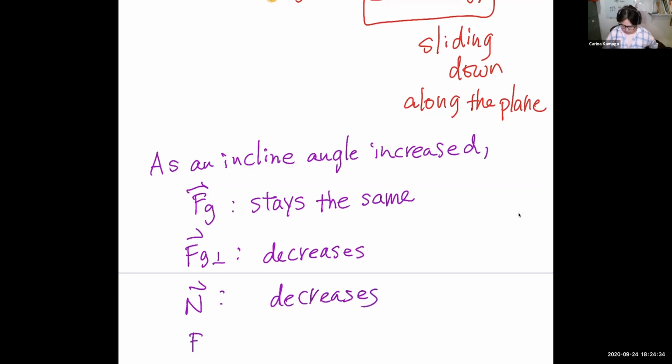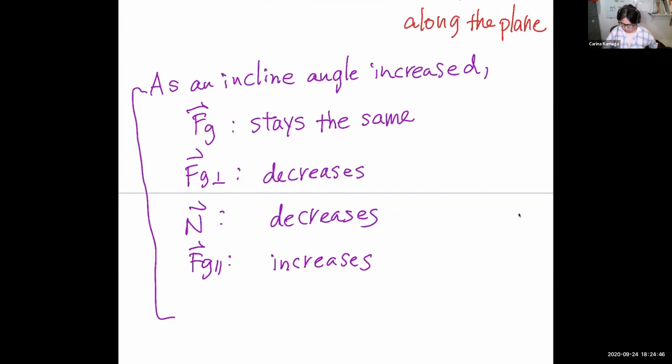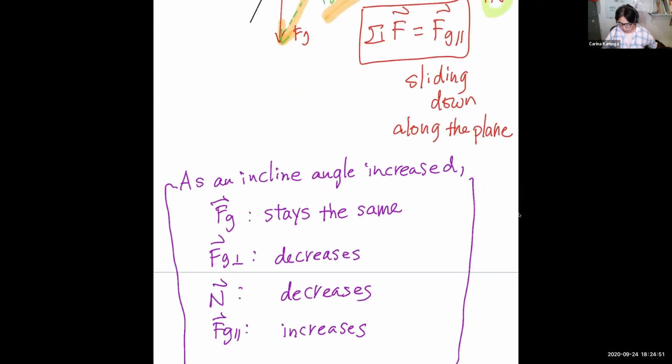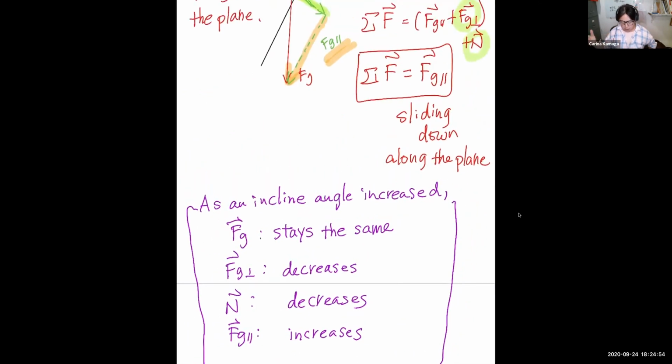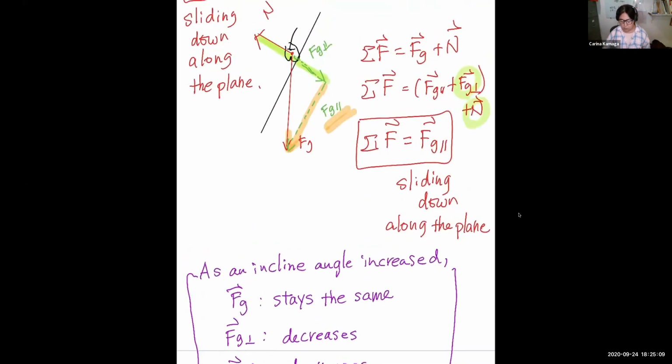And what happened to the FG parallel component? Increases. Right? So as the angle of the incline increases, FG, the gravitational force itself, doesn't change, but it doesn't push the surface as much, so therefore normal force decreases. So left over, the net force, the gravitational force parallel, increases. That's why it goes faster and faster.